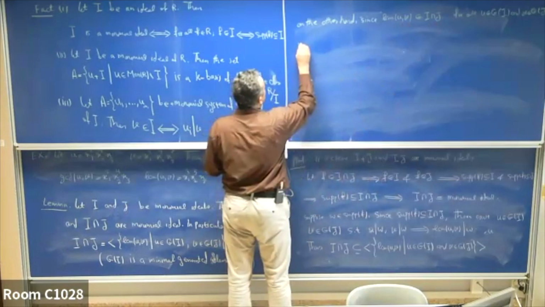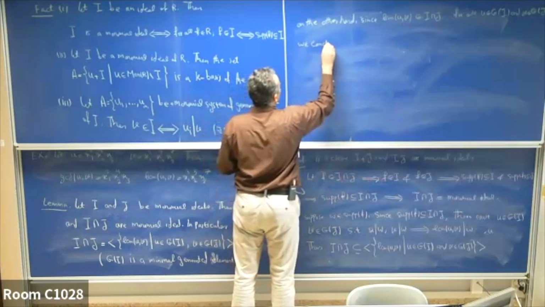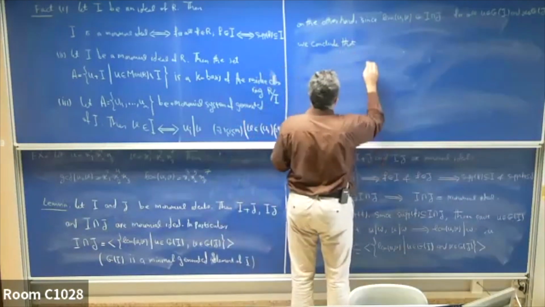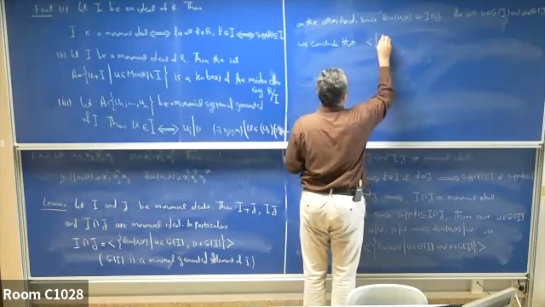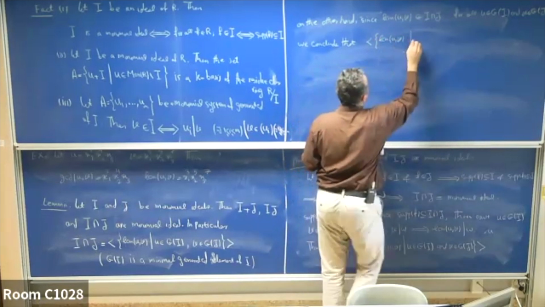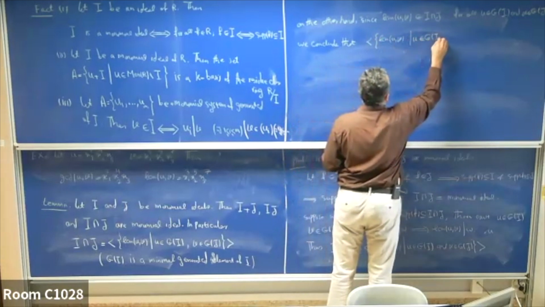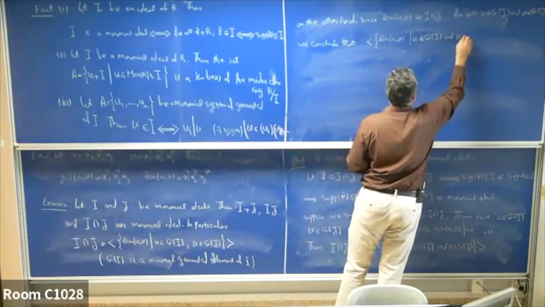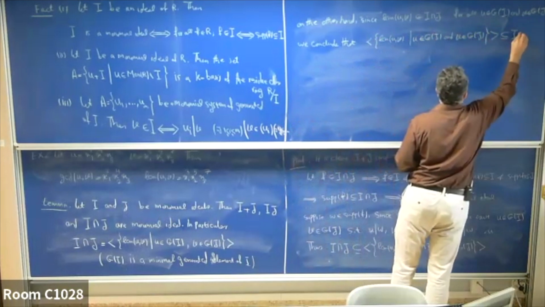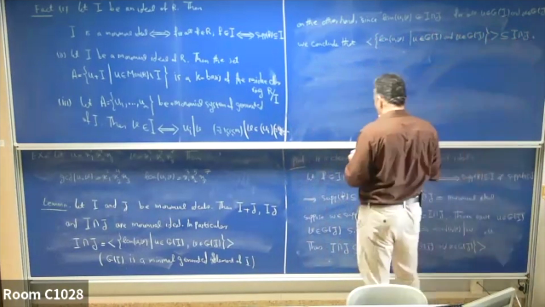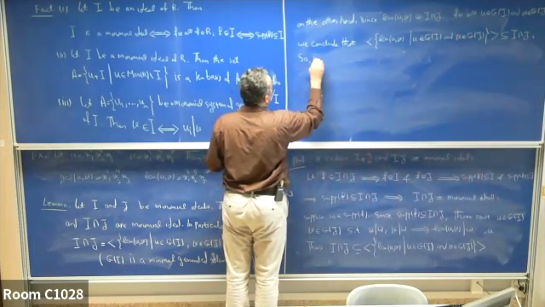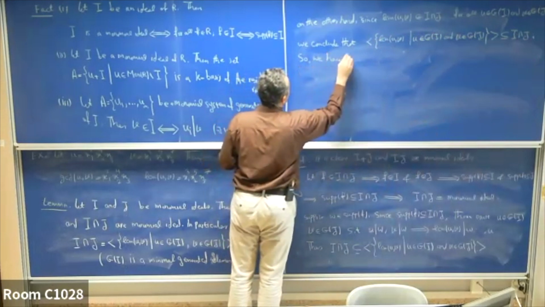We conclude that this ideal generated by LCM of U and V, U in GA and V in GG, is contained in the intersection, and so we have the equality, and so we have the result.